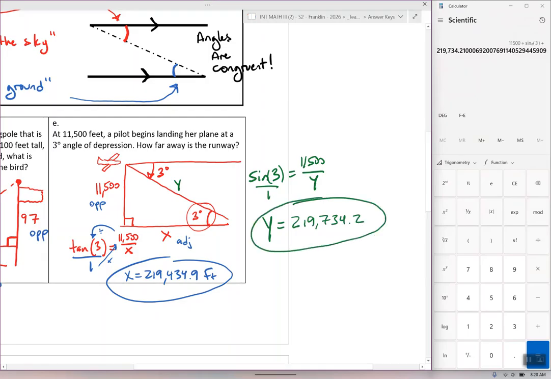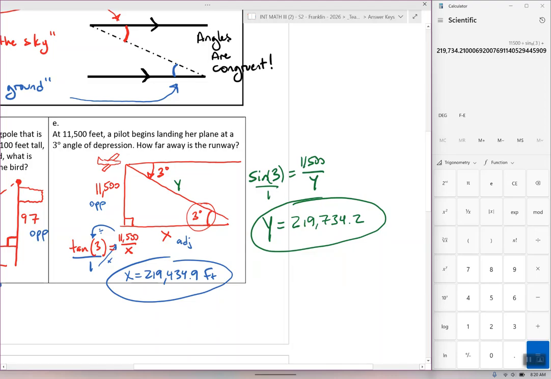Which is pretty close to what we got for the horizontal distance as well. Which, if you think about it, should make sense, because if we are 11,000 feet up in the air at a 3-degree angle, the difference between where we're flying on the ground versus in the air is not actually that much over that large distance, pretty close together.